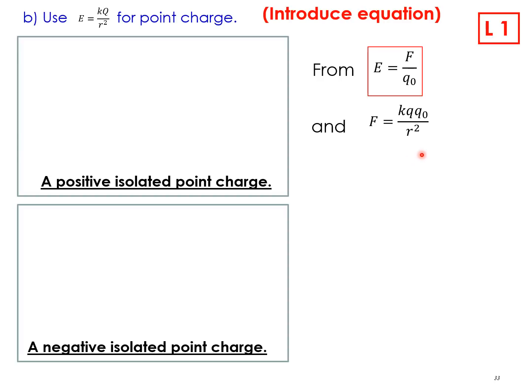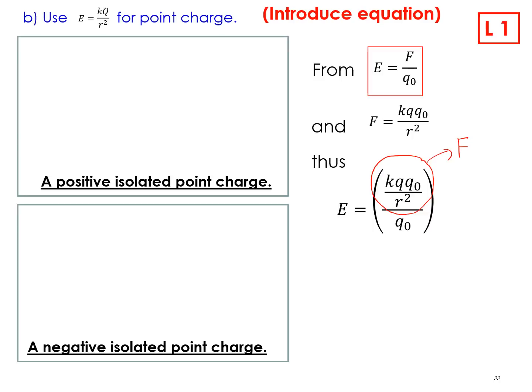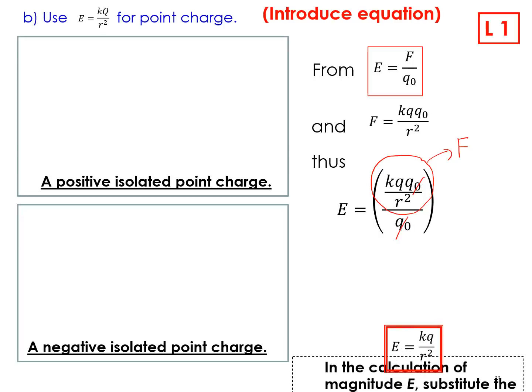Now from here, we get E equals F over Q naught. If you substitute the F here, the Q naught and Q naught can cancel out.